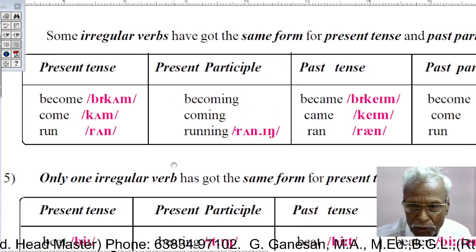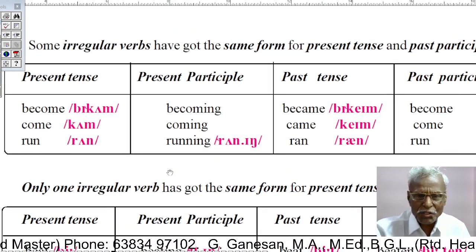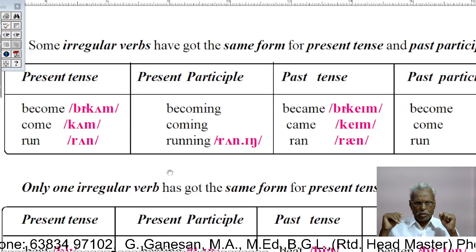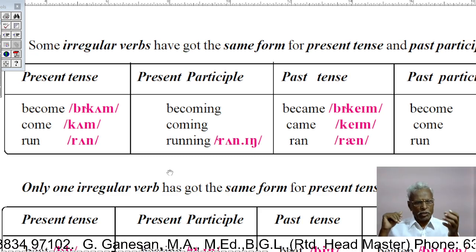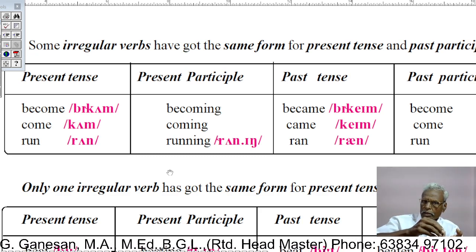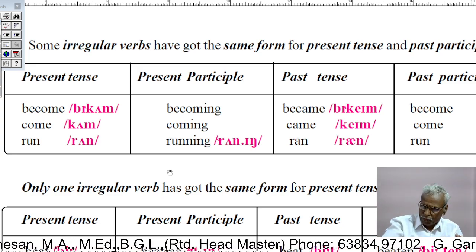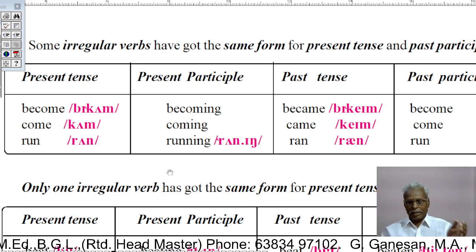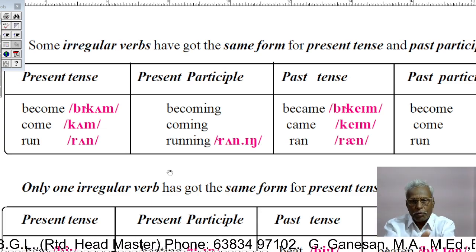It is an interesting one. Some of the very few irregular verbs, if I have to say some three or four verbs, have the same form for present tense and past participle, and a different form for past tense.